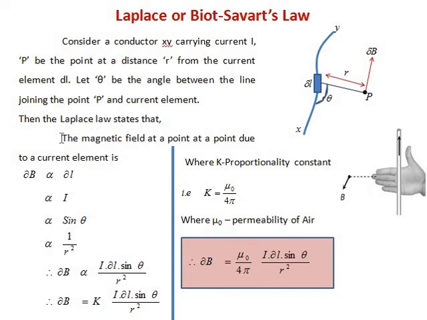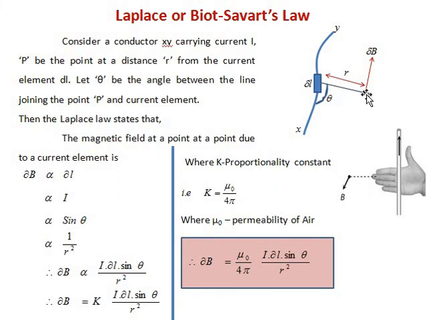Then Laplace's law states that the magnetic field at point P due to the current element dl, denoted by dB, is directly proportional to the current element dl, directly proportional to the current through the conductor, also directly proportional to sine theta, and inversely proportional to the square of the distance between the current element and the point P.